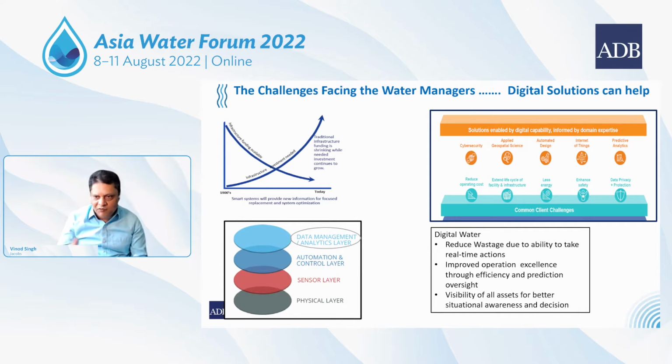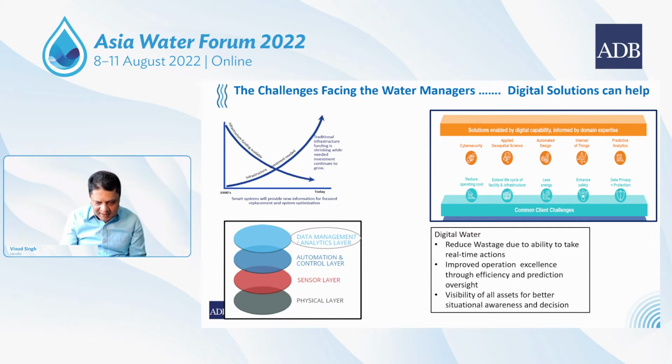And this is where the new technology or digital technology comes in the picture, and which will help us to reduce wastage due to the ability to take real-time actions, improved operation excellence through efficiency predictions, and the 360-degree situational awareness, which is a system of systems.